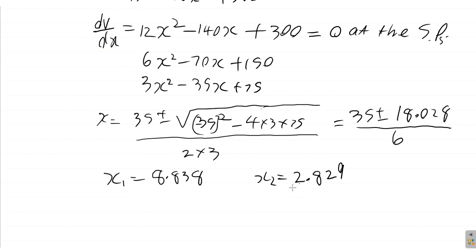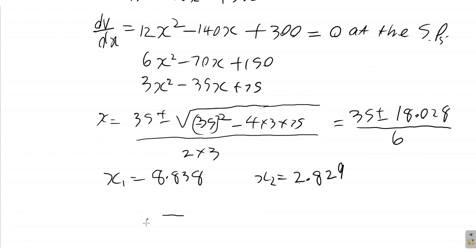But that will take too much time. The other one is to find the gradient at 8.838. Find the gradient at a number close to it like 8, and then find the gradient at 9. You know that the one at 8.838 is 0.